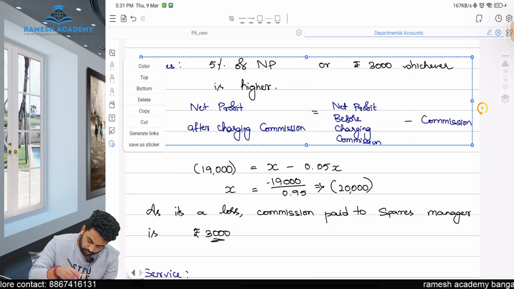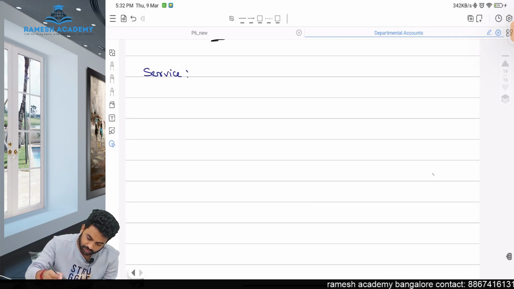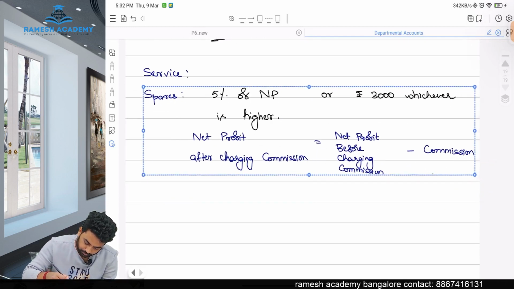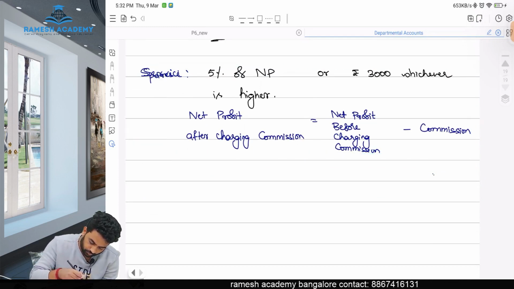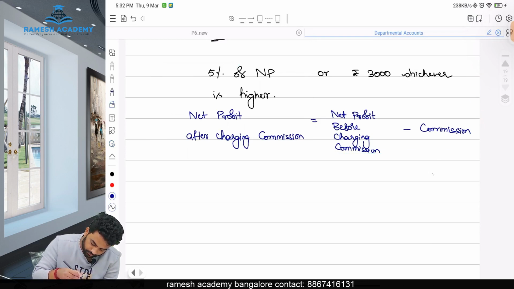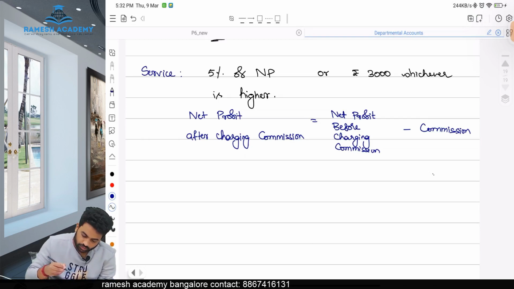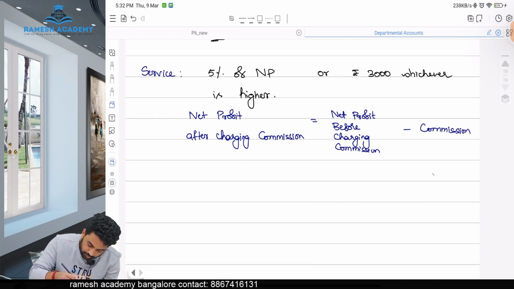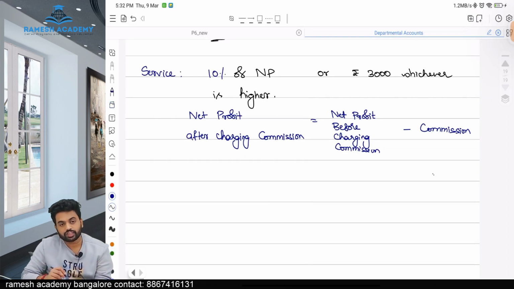But for service it is not 5%, it is 10%. For service it is 10% commission, no? 10% of net profit.